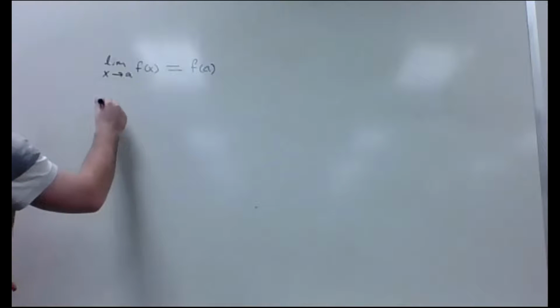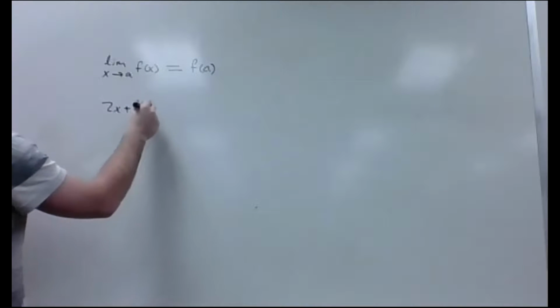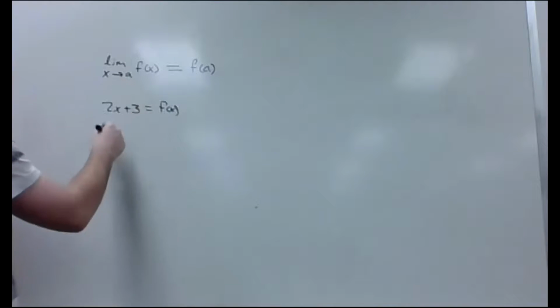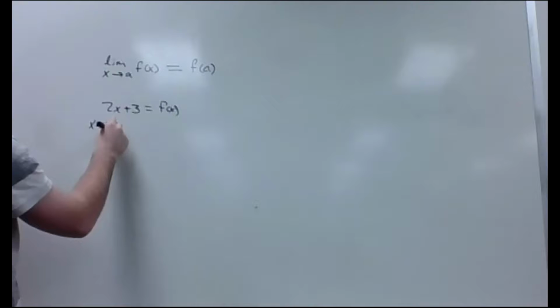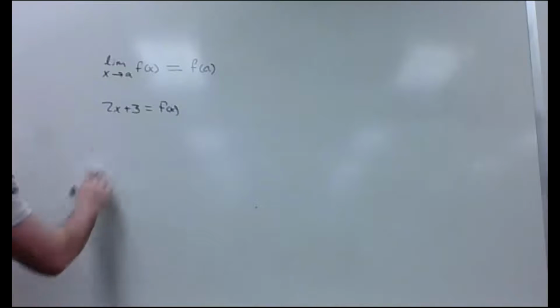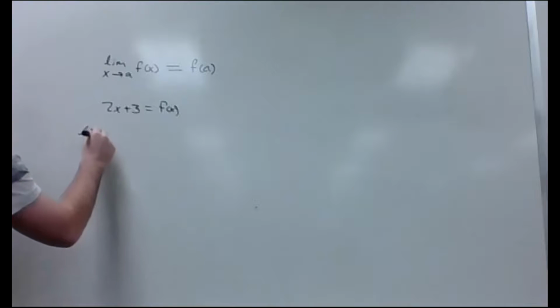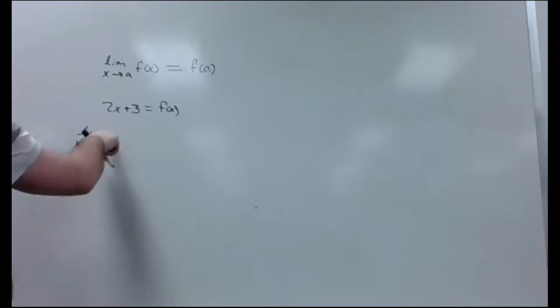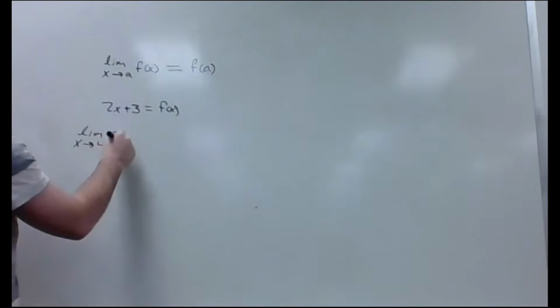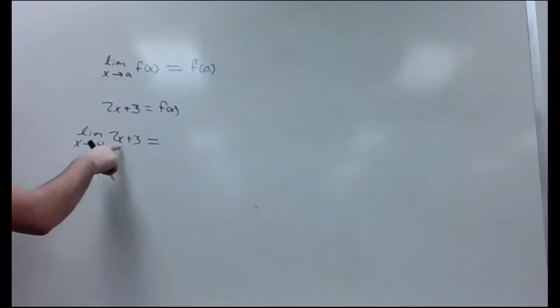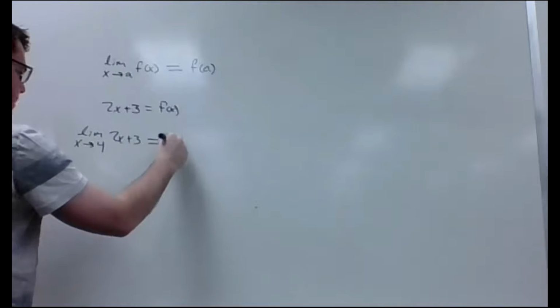So if we had 2x plus 3 equal to f of x, and we take the limit as, let's say, x approaches 4. We already know that this is going to be continuous, right, because it's just a straight line. But if we wanted to say that mathematically, then we can say the limit of 2x plus 3 as x approaches 4 is going to be 8 plus 3, 11, right?